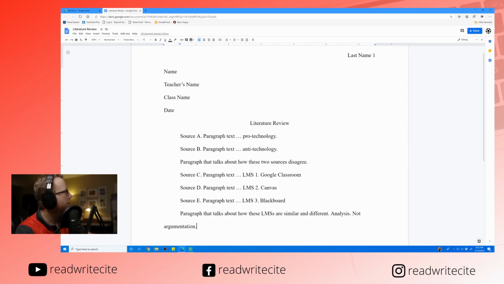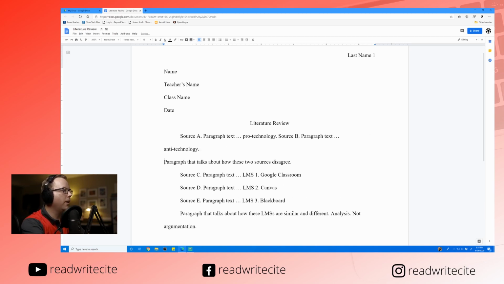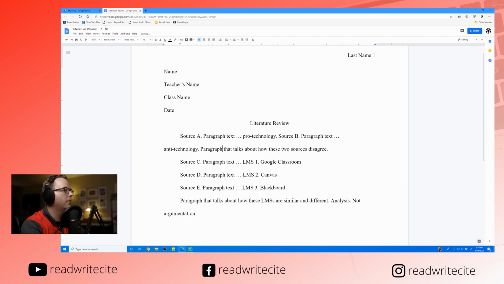Okay, so I'm going to start messing around with my hypothetical list of different paragraphs and sources here. Another thing we can do is these don't have to be separate paragraphs. Let's say I have one paragraph that talks about multiple sources.